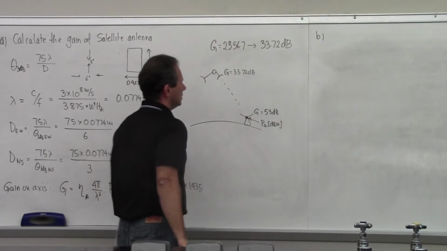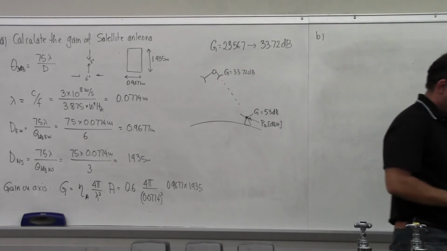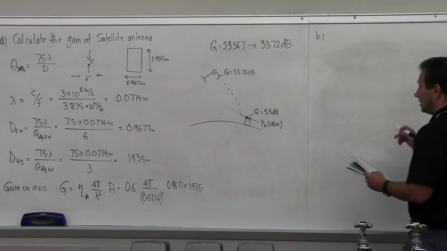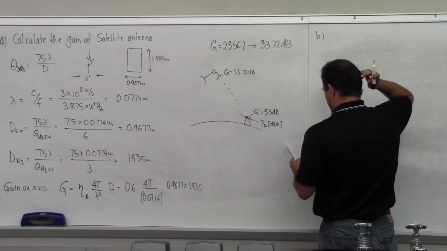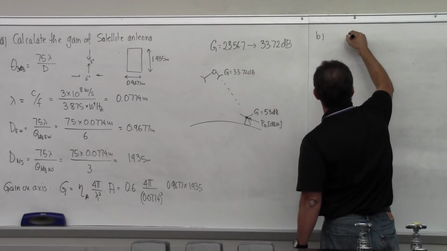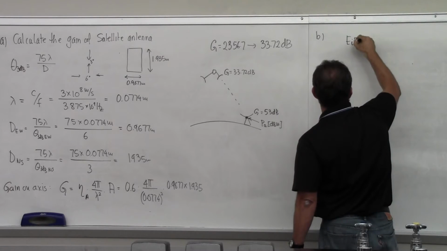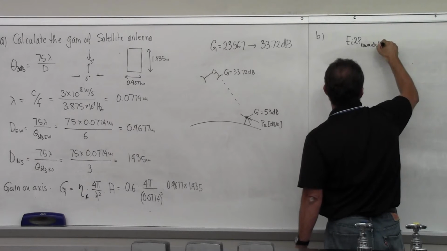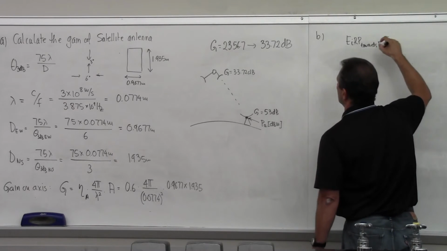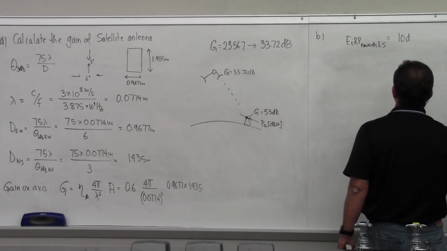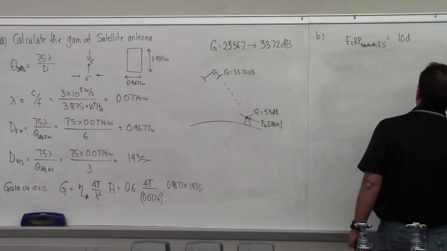So we need to calculate again EIRP, free space path loss, and then so I guess EIRP towards the Earth station. 10 watts, which is 10 dBW. Let me write the actual symbol.